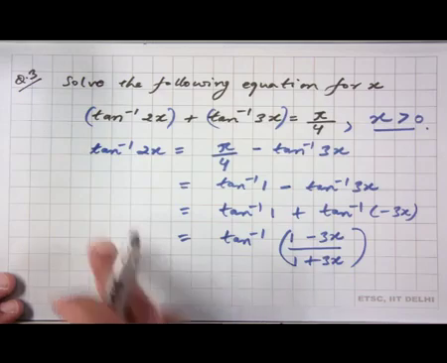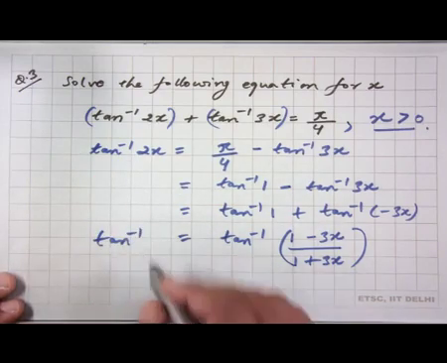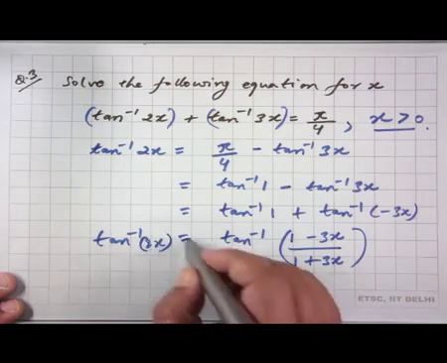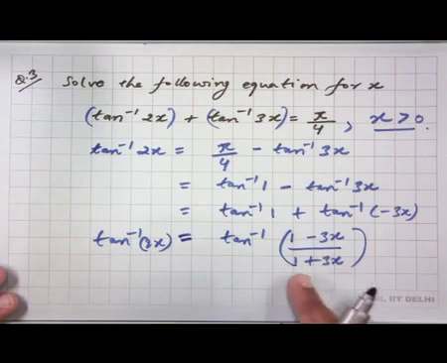So finally what we get is that tan inverse of 2x is equal to tan inverse of (1 minus 3x) over (1 plus 3x).